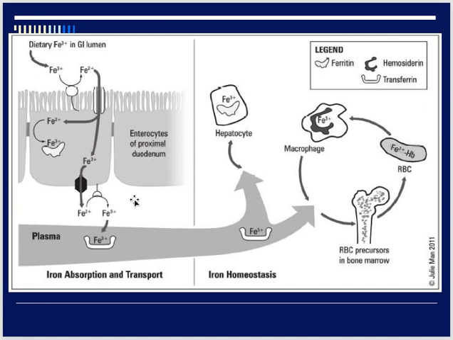As you can see, dietary iron is coming in the lumen, and this one is absorbed here. This one is called Fe3 plus, ferric iron. How it is absorbed in the body is a complex process. The absorption of iron occurs in the duodenum.